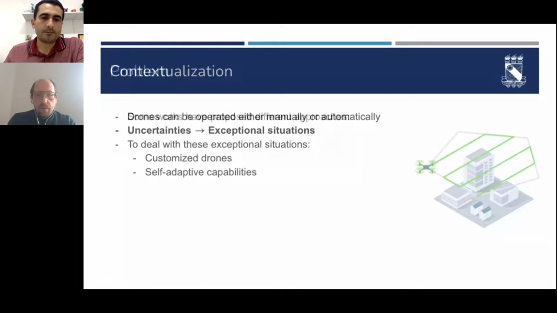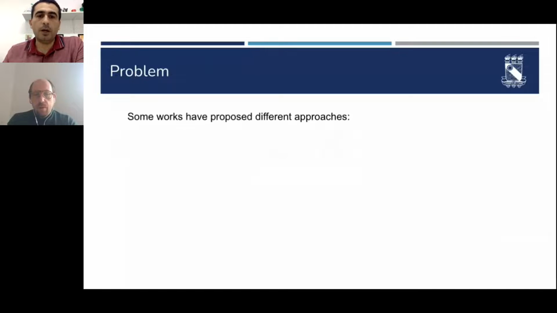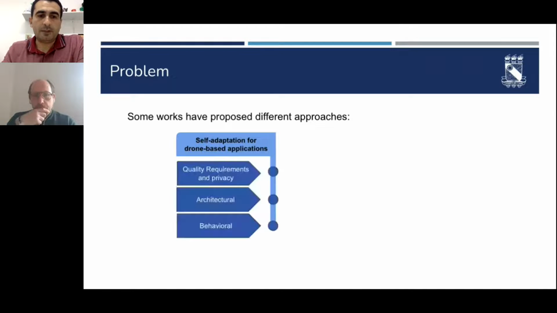There is some work that has proposed different approaches for dealing with self-adaptive drones. Some of them deal with the self-adaptation of the drone itself, including quality requirements and privacy, or architectural or behavioral adaptations.